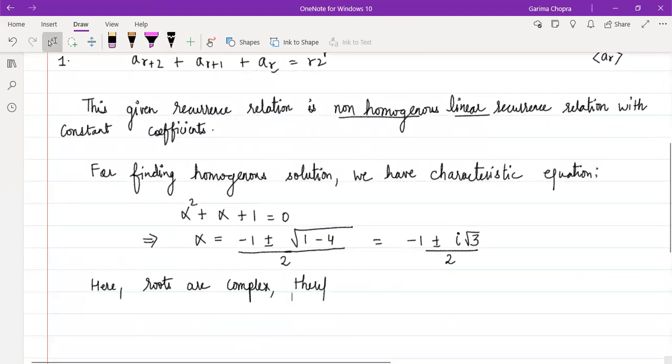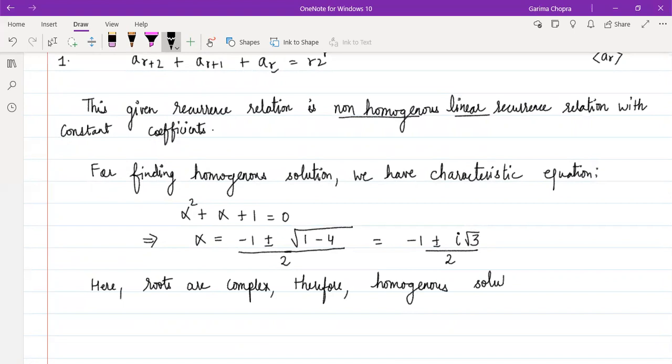Therefore, for these complex roots, the homogeneous solution is given by a_r^(h), where the sequence is a, the subscript is r, and h is for the homogeneous solution. Let us take two constants because we have two roots.